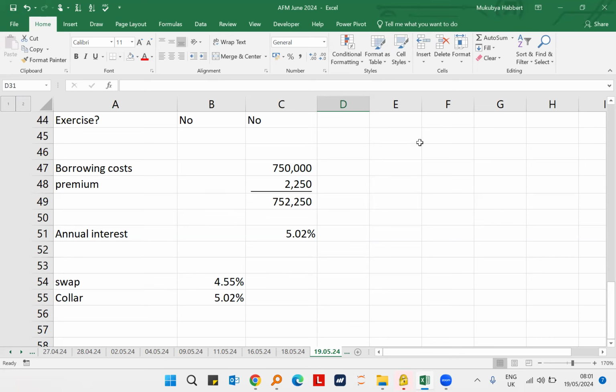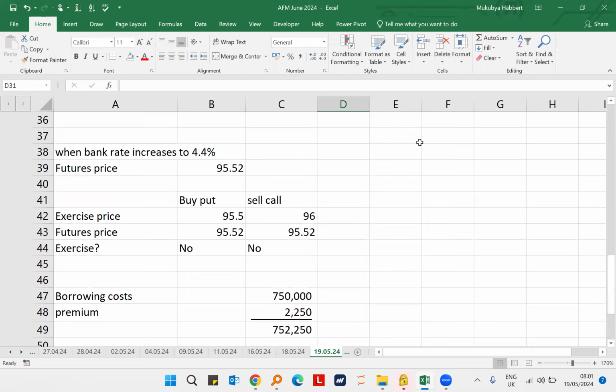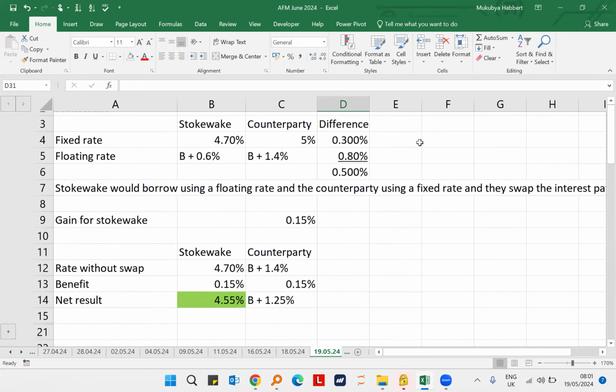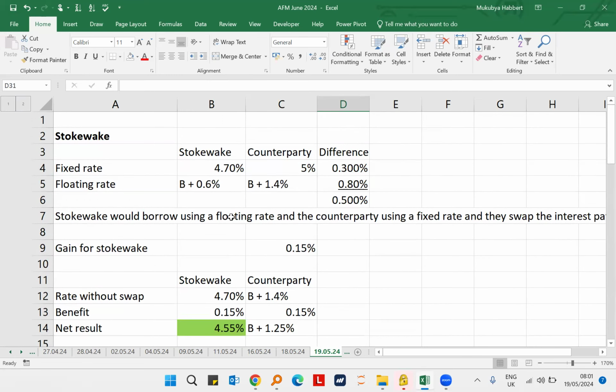So also, because we are in essence taking on a floating rate and swapping it with a fixed rate, we may actually be losing out, because if the floating rate goes down, then after doing the math, we realize that, okay, we should have stayed with our floating rate and not swapped it.